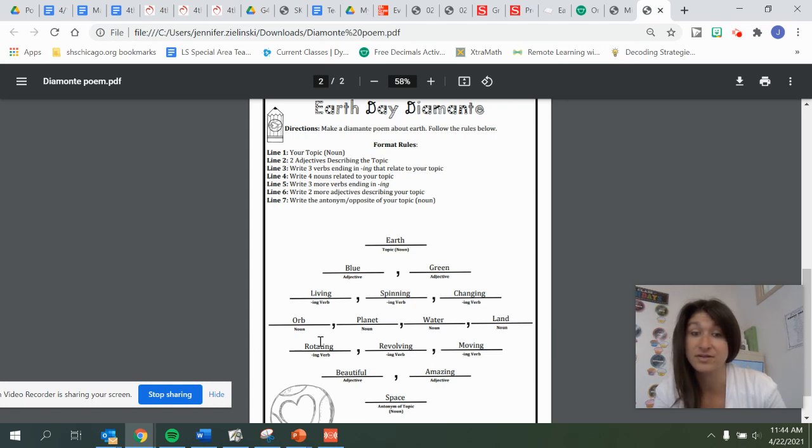The Earth is rotating, revolving, moving. Then we have 2 more adjectives describing the topic, beautiful and amazing. And lastly, you're going to have an antonym, the opposite of your topic. Remember, an antonym is the opposite. They chose space for this one.